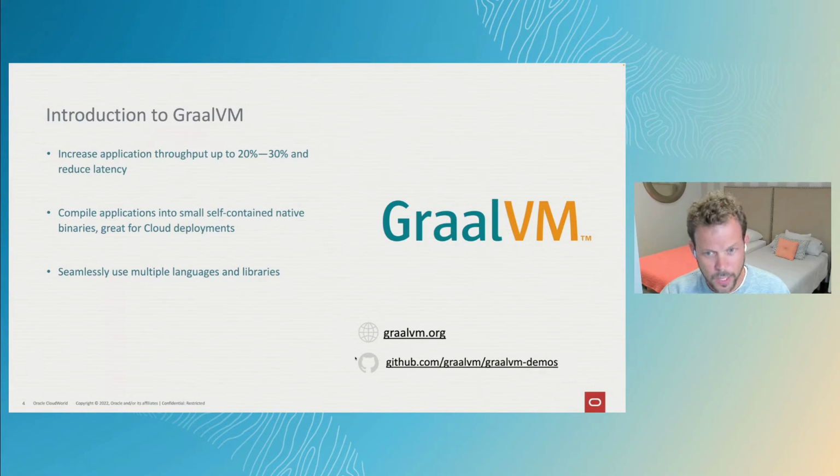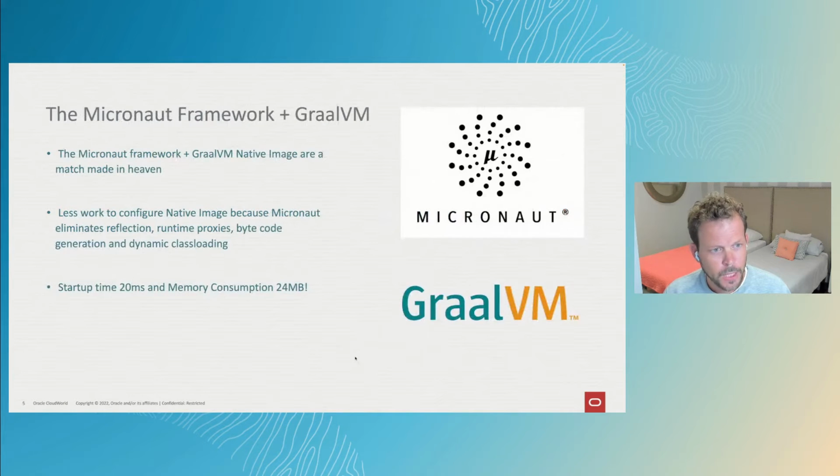These kinds of containerized workloads are ideal for GraalVM. You can find more about GraalVM at graalvm.org, and you can access the GitHub repository at github.com/GraalVM, and there's some demos there that you can try out.